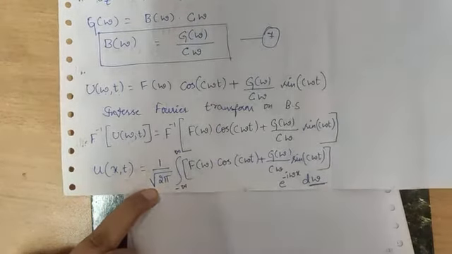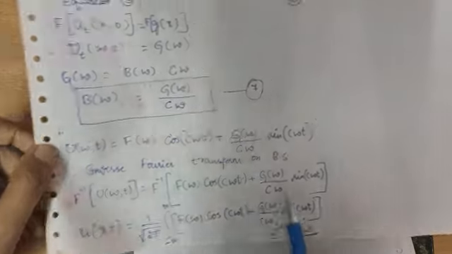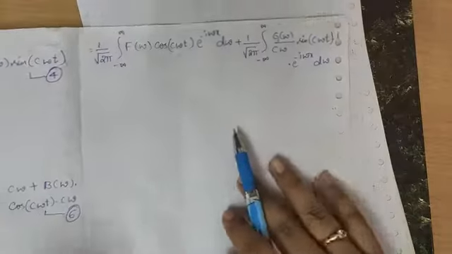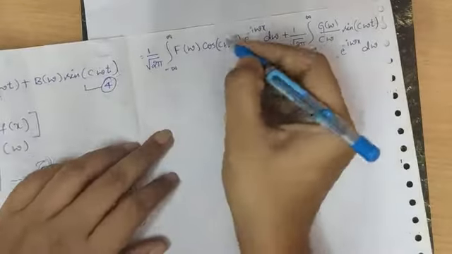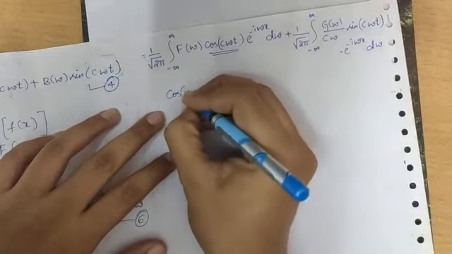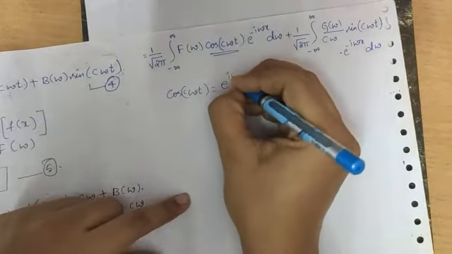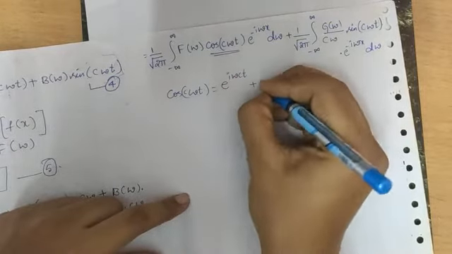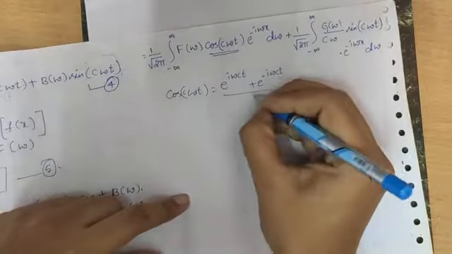Now what I will do is split up my integral. If you split your integral, you will get two terms. We know that cos c omega t can be written as e power i omega ct plus e power minus i omega ct, divided by 2.